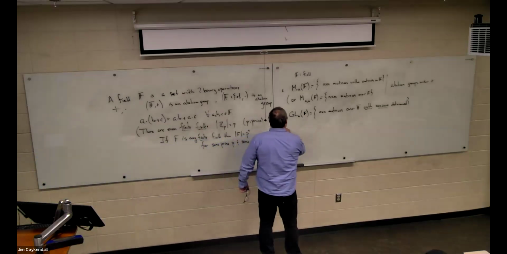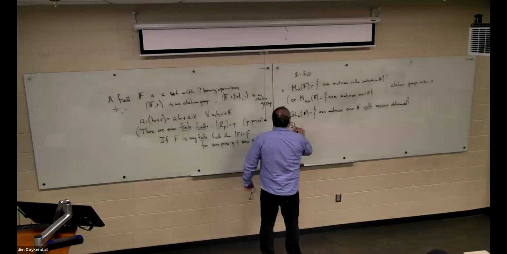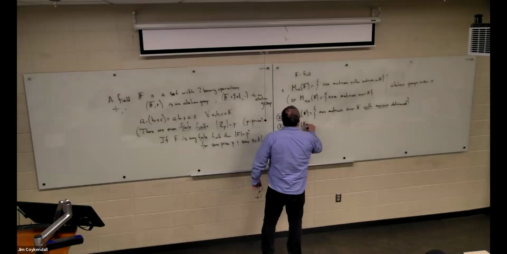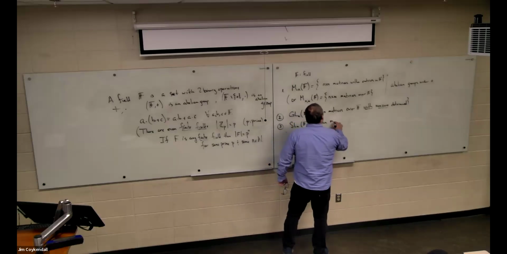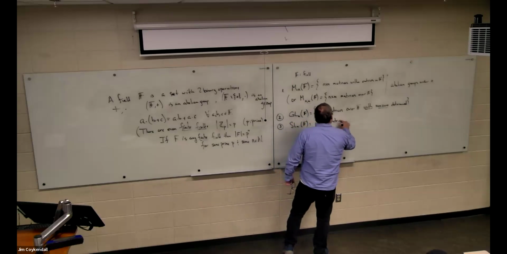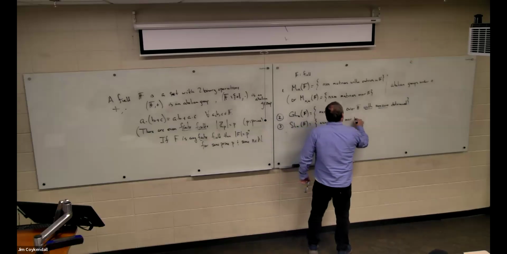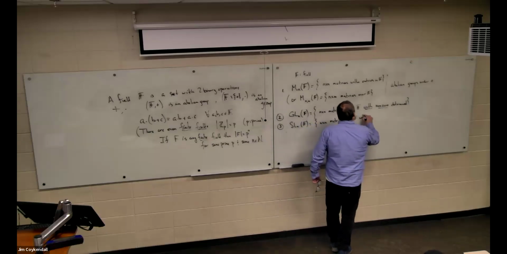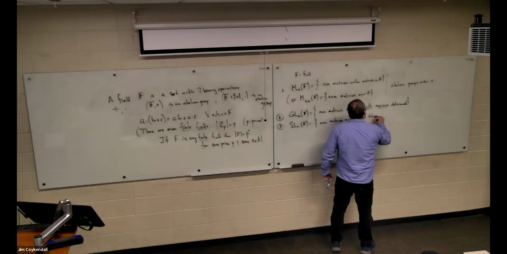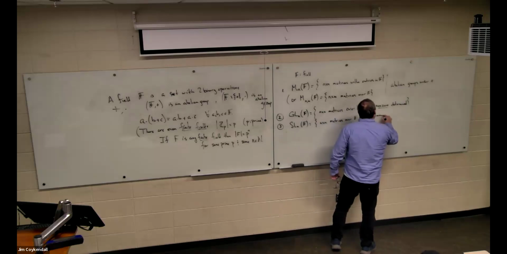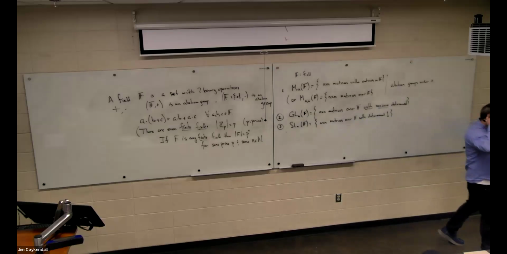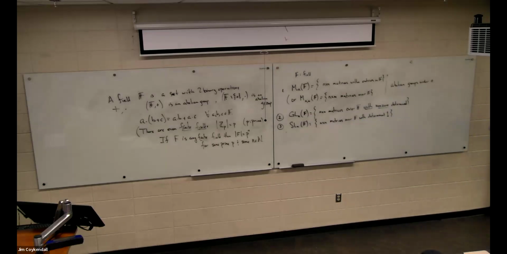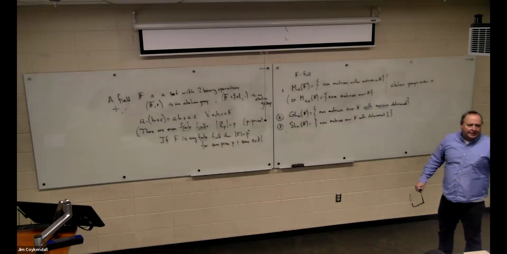Here's another one, with determinant one. What happens if I take two N by N matrices of determinant one and multiply them?